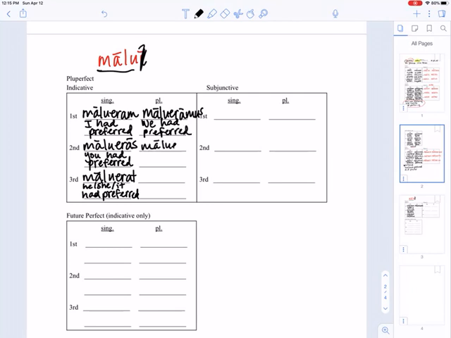We will have Malueratis. Again, macron over the A. Y'all had preferred. And then third plural is Maluerant. And this is they had preferred.